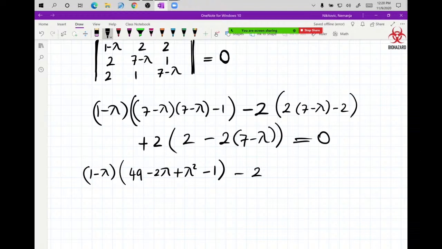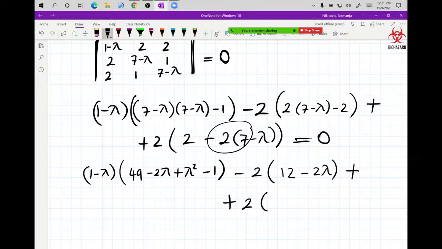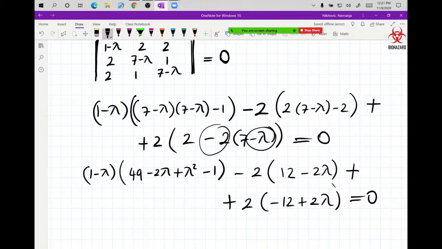Over here we have -2. Now I have 14 minus 2, that's 12, and then -2 lambda. And then I have plus the next row, 2. Again, this is -14, so that's -12 plus 2 lambda when you distribute that negative sign. So -2 times negative lambda is +2 lambda.